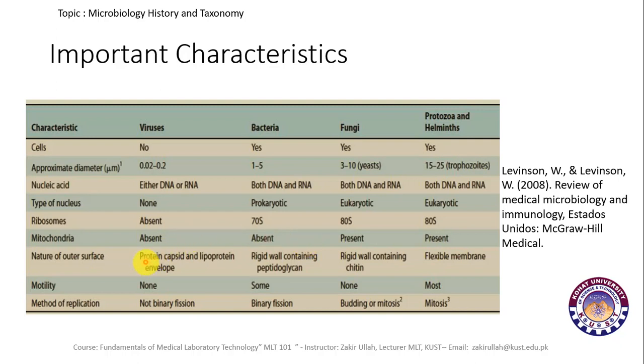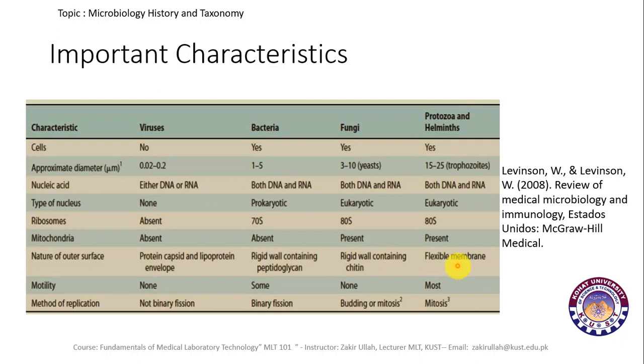The nature of the outer surface. The virus has an outer capsid protein and a lipoprotein envelope, whereas the bacteria have a rigid cell wall containing peptidoglycan, the fungi have a rigid cell wall containing chitin, and the protozoans and helminths have a flexible membrane.